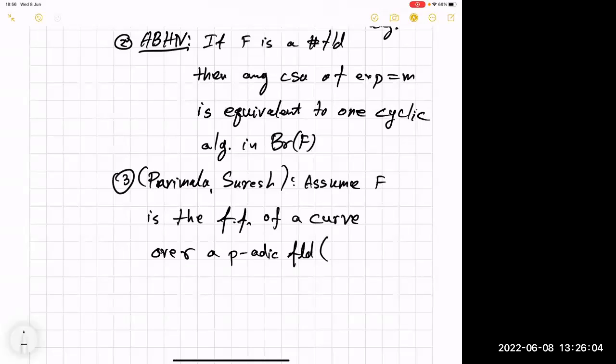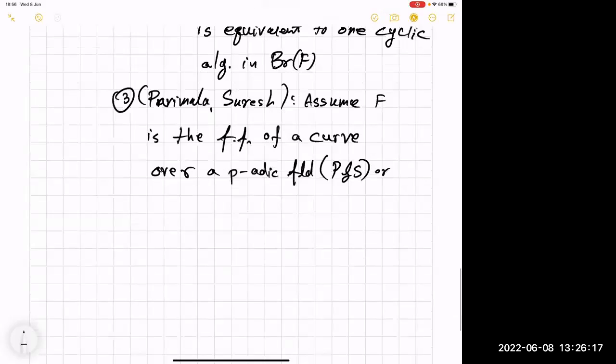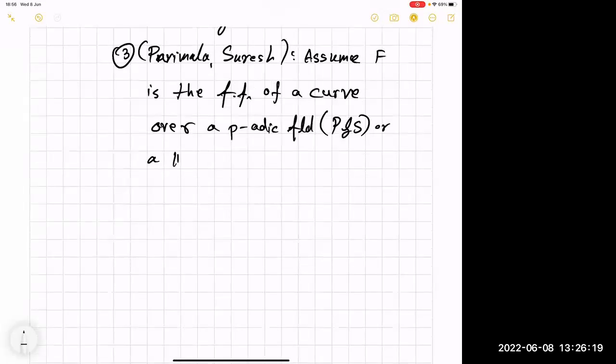This case is due to Parimala and Suresh. Or a number field, this is by Suresh. And assume also m is a prime.